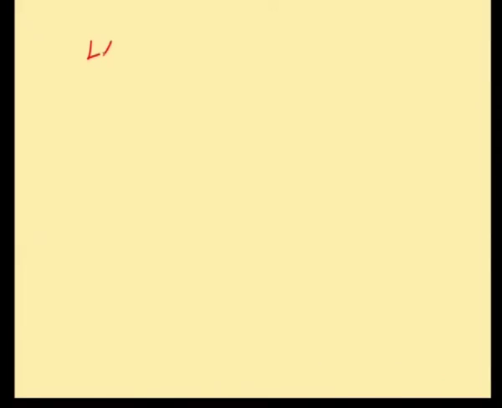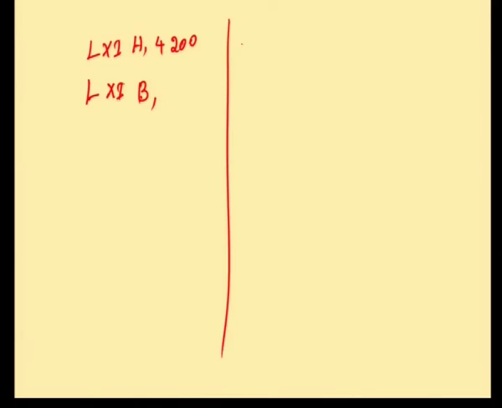So, I will write the program again, LXI H, 4200. Suppose I have planned to execute the program at 4100. So, at 4100, I have to enter the opcode for LXI H. LXI H is 21.